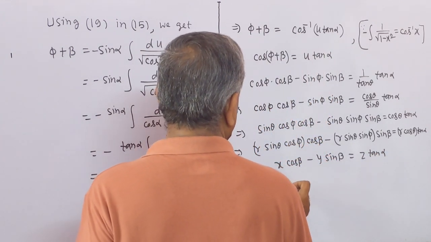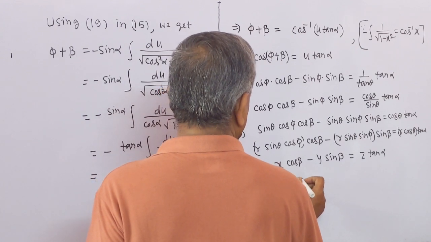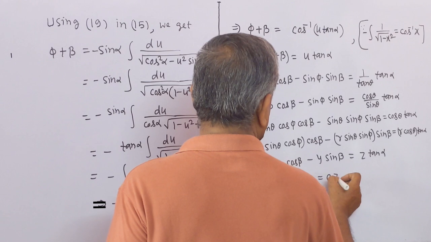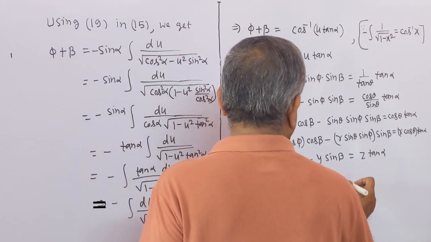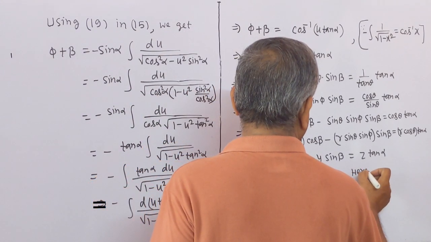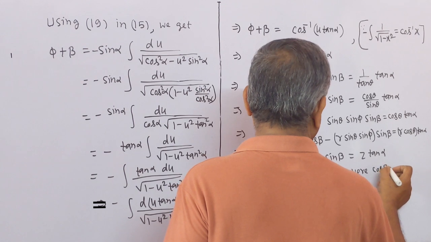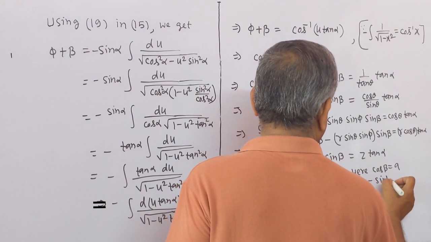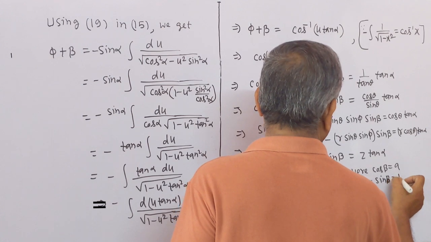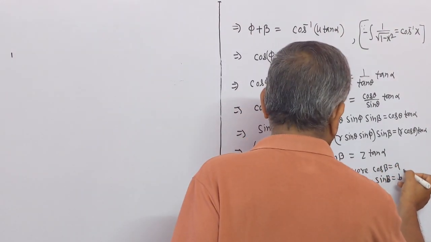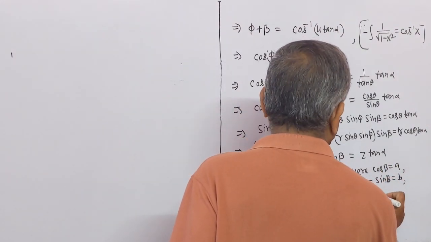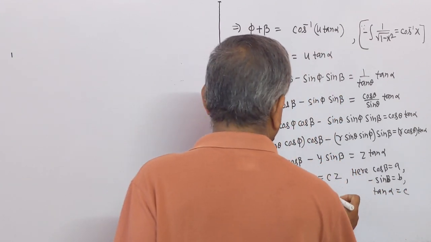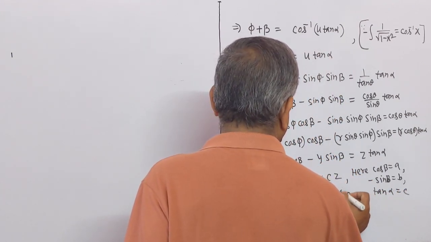This implies that ax plus by equals cz. Here cos beta equals a, minus sin beta equals b, and tan alpha equals c. This is equation 20.